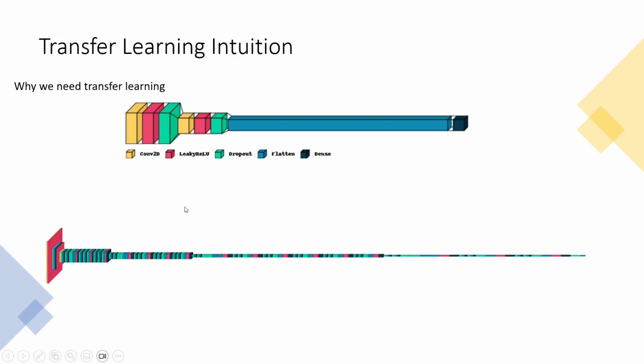So if you can use the knowledge that's compressed in this network, that's great. And that's what we basically do with transfer learning. We will be using the visual feature detection knowledge that's compressed in this network.